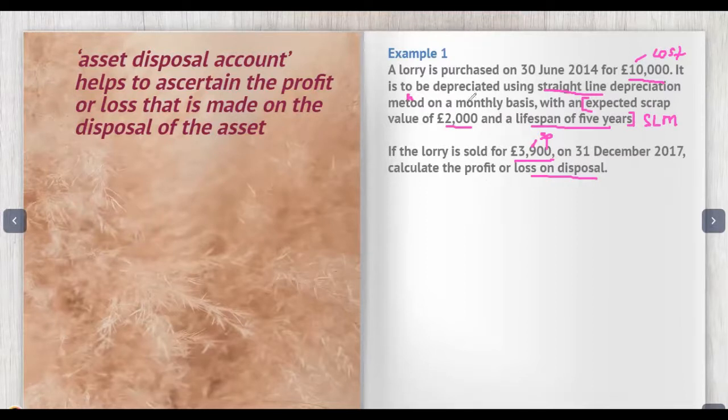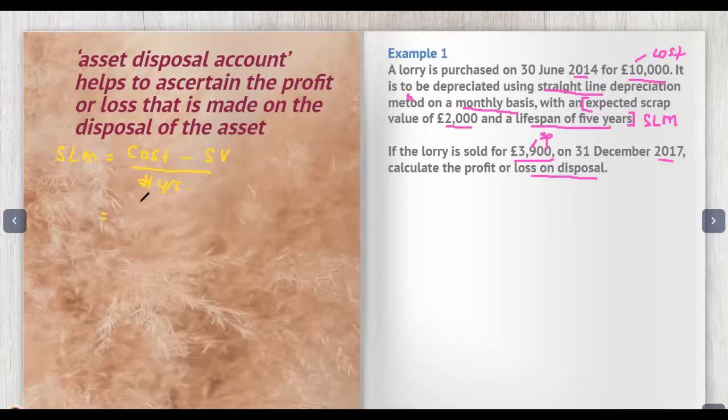Now, please pay attention. They say depreciation is on a monthly basis, and you bought this lorry in 2014 and you're disposing of it in 2017. This is a straight line method. How do we work out the depreciation for a year? We can find it using the formula: cost minus scrap value, divided by the number of years it's expected to be with us.